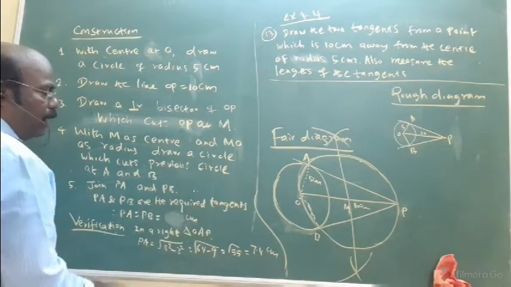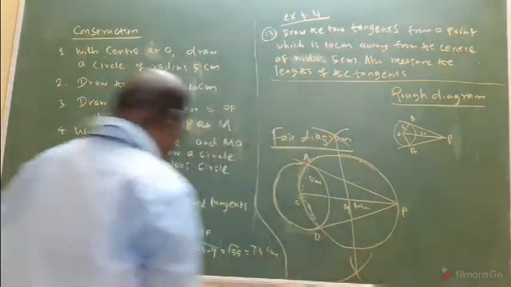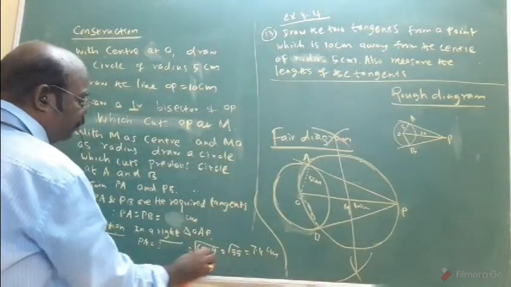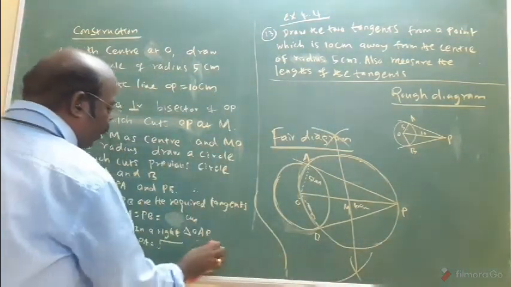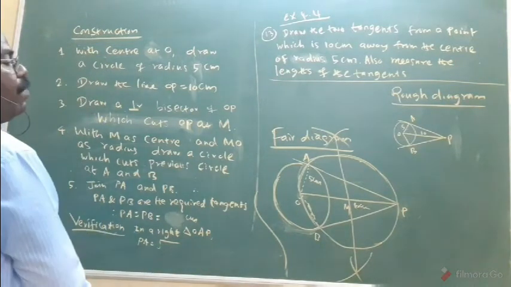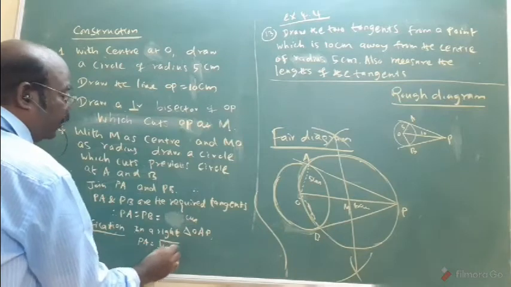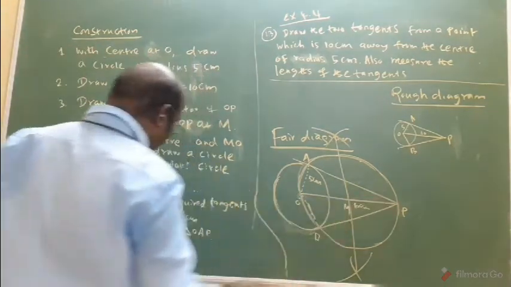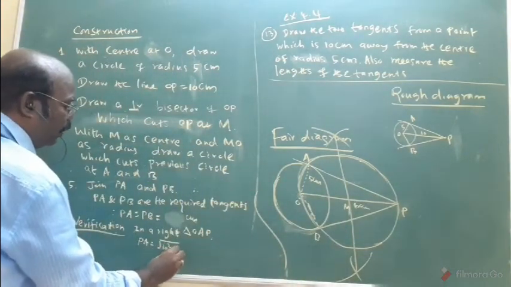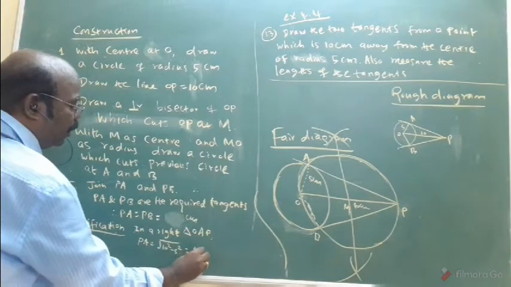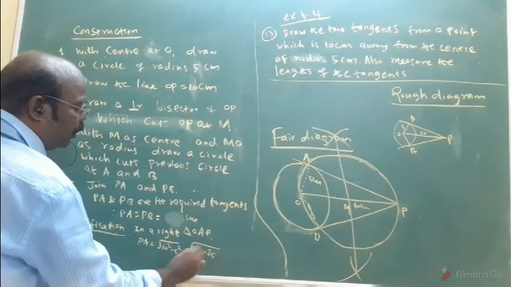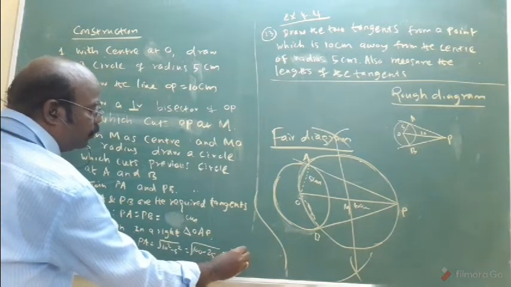Now the calculation. Verify the measurement also. Inside the square root, what is the number? What is the bigger number? 100, that is 10 square. The small number is 5 square. Okay? 100 minus 25 equals what? 75.